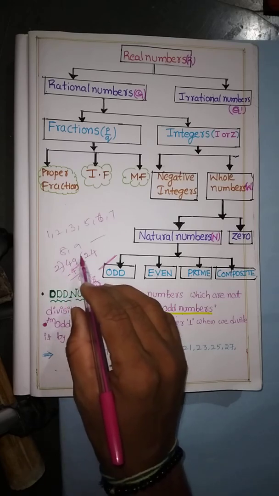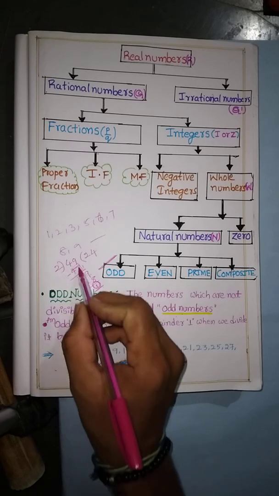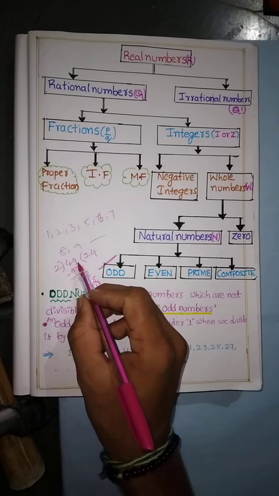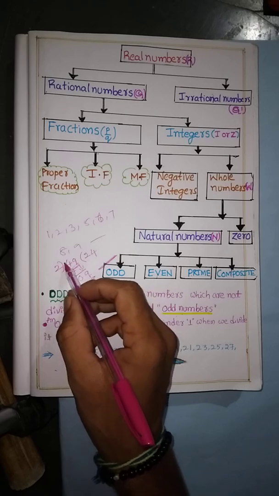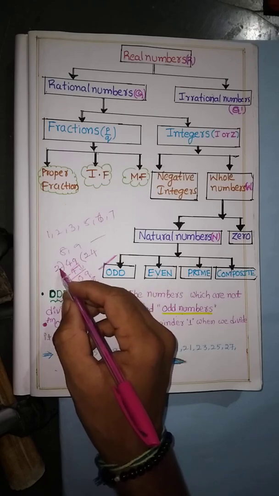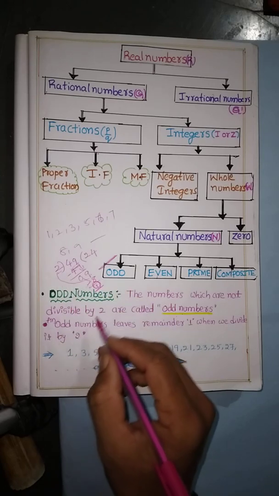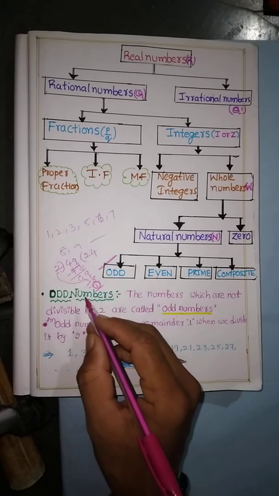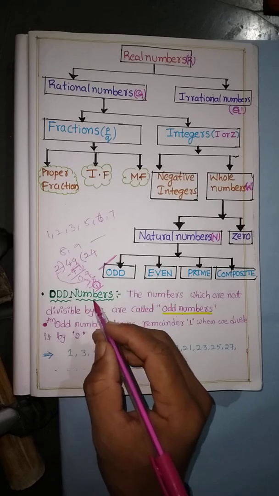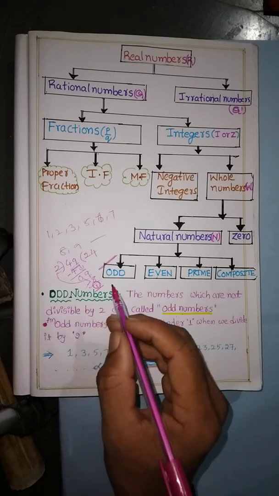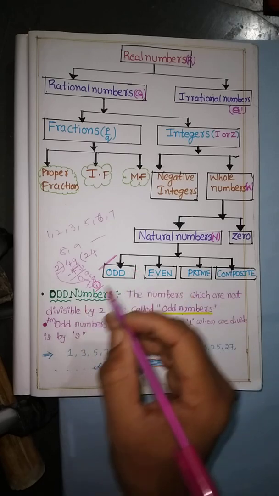In this process, this is a very simple number, 49 is a 2-digit number. That's why I have divided 49 by 2 and quickly got remainder 1. But some numbers are 3-digit numbers, 4-digit numbers, even 10-digit numbers.